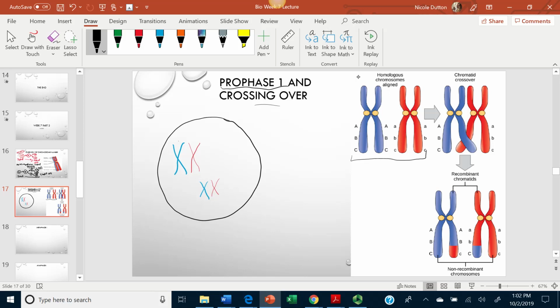This came from that individual's dad. This came from that individual's mom. And now we're creating these hybrid chromosomes where it's all dad, mostly dad and part mom, mostly mom and part dad, and all mom.